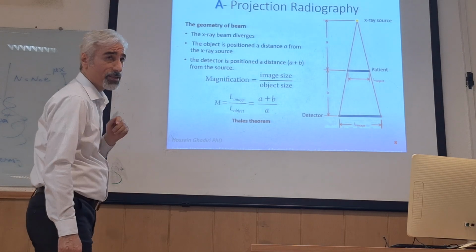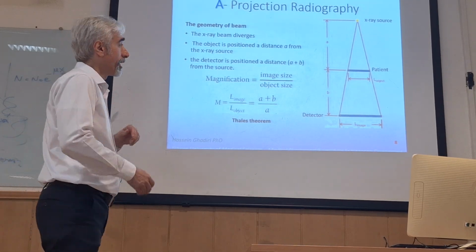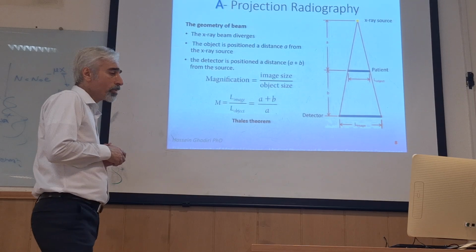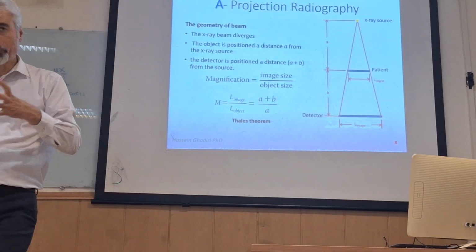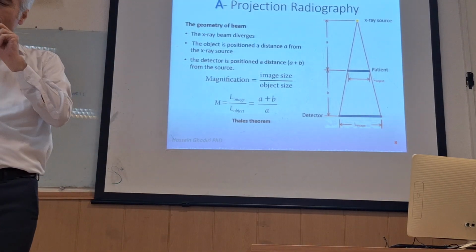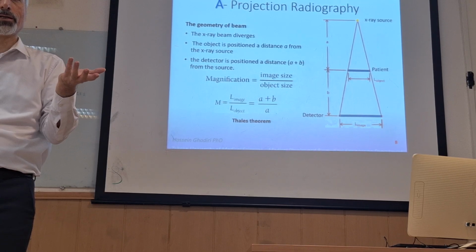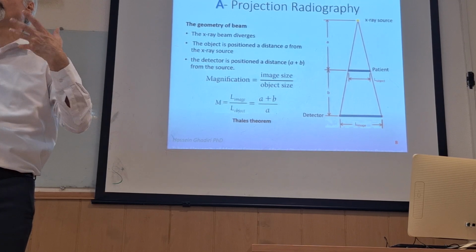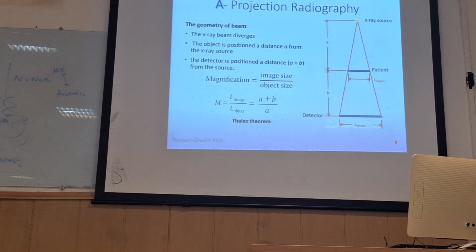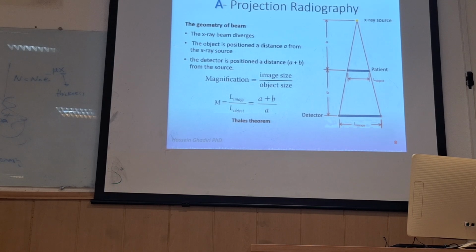So why is it important? Because sometimes you need to magnify a very small area of the patient body to see it precisely, to look at it with better resolution, to see fine changes inside the body.